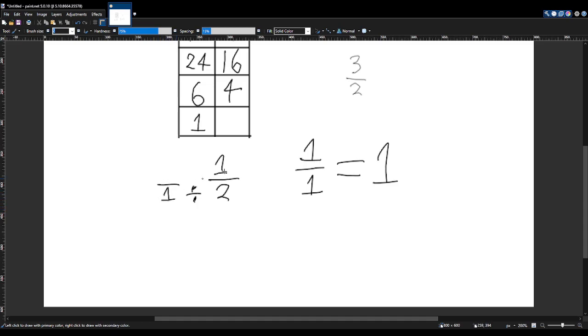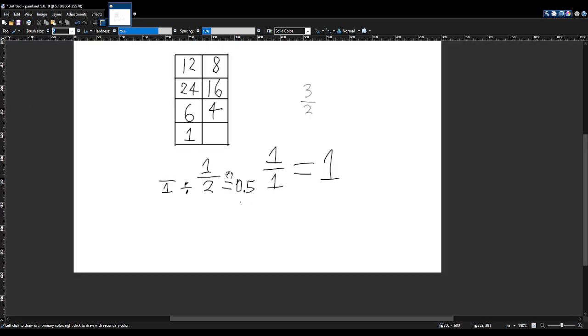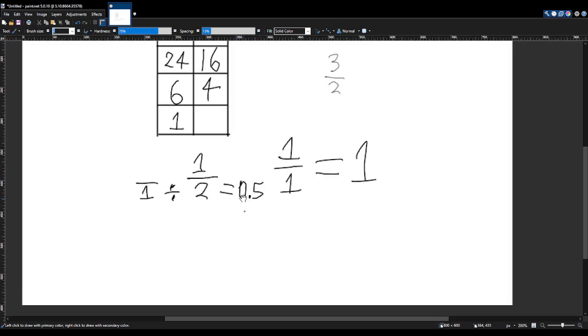But if they don't, you divide 1 by 2, which makes 0.5. You can use a calculator for this if you want.